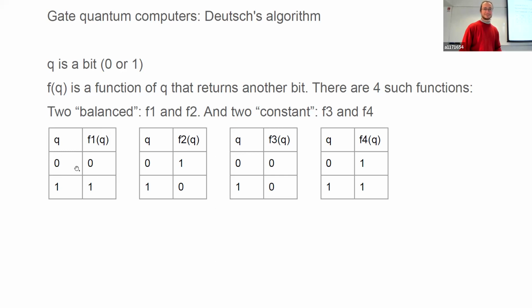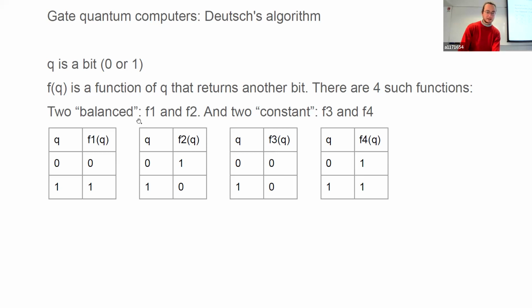You can have the identity, so you get out the same value that you put in. You can have a not function, so you get out the opposite value of what you put in. You can have a function that always returns 0, or a function that always returns 1, no matter what you put in. So these are the 4 possibilities. It's easy to see that that's all.